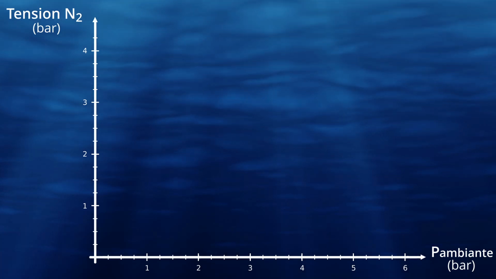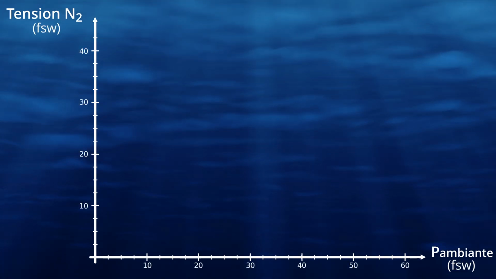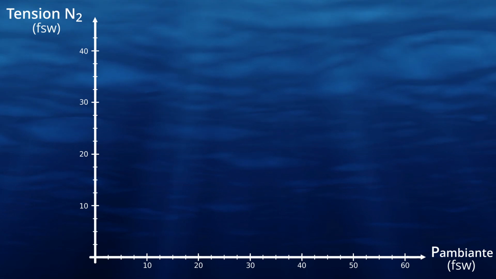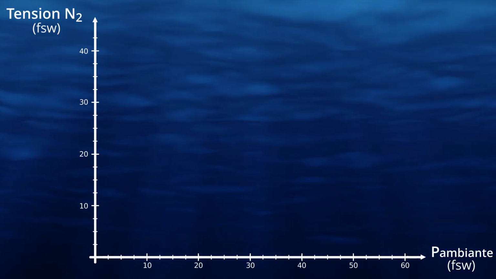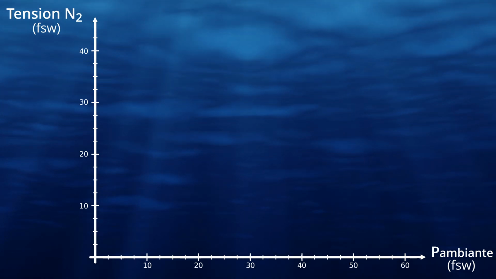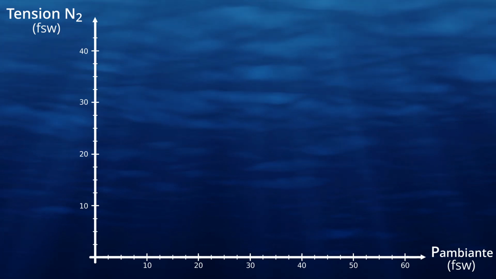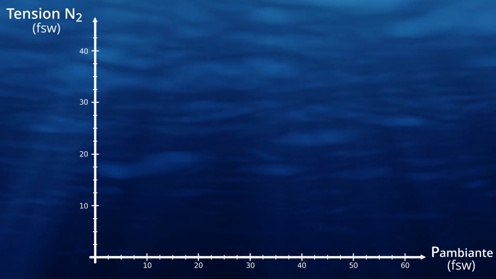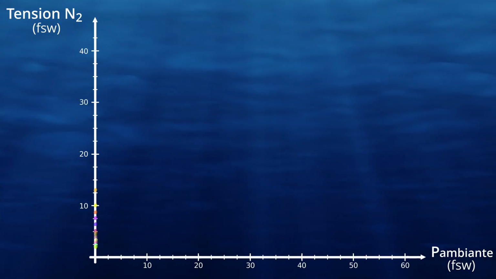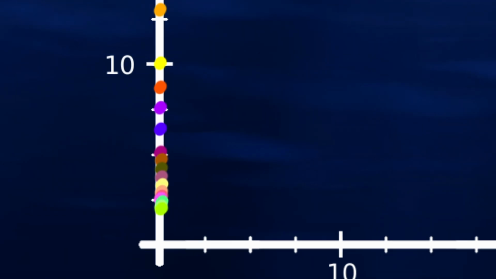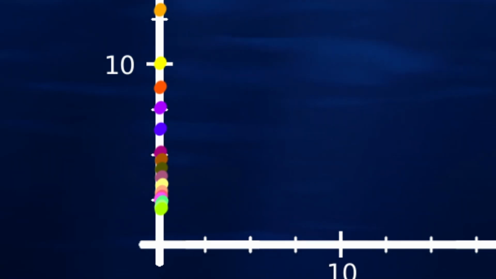When the scales of this graph are expressed in the imperial system in feet of seawater, the zero ambient pressure corresponds to the atmospheric pressure at sea level. The M values allowed at the surface are located on the vertical axis. This is why Workman designated them as M0, as they are the maximum values at 0 meters.